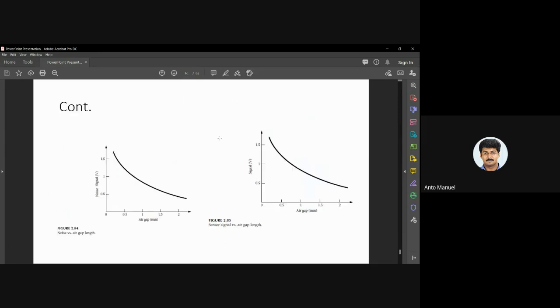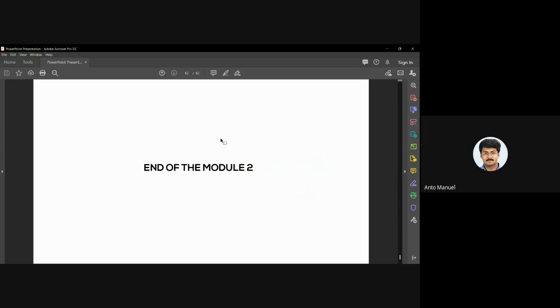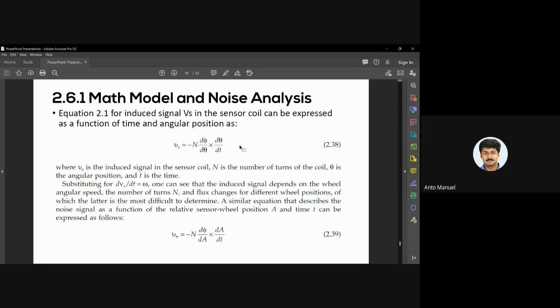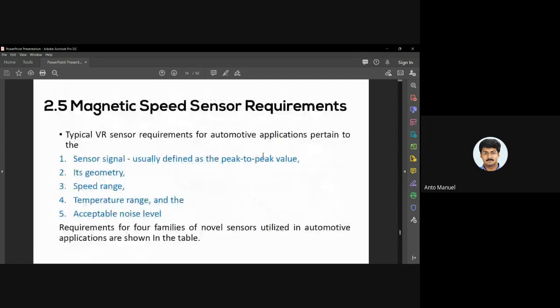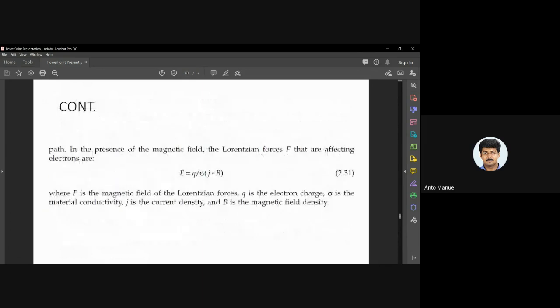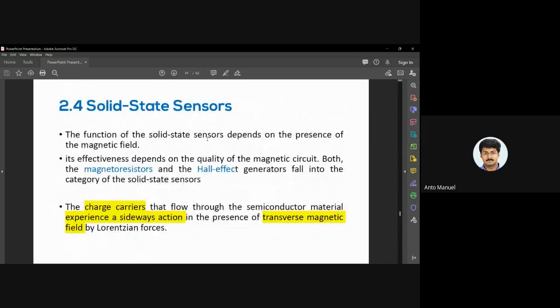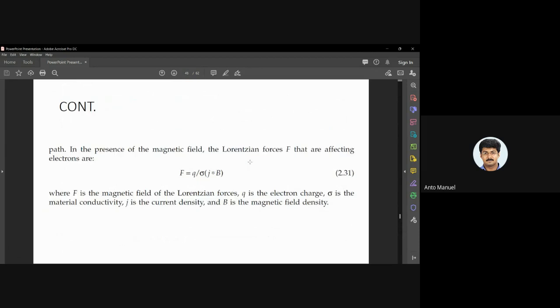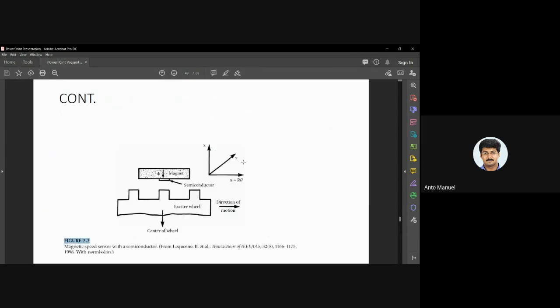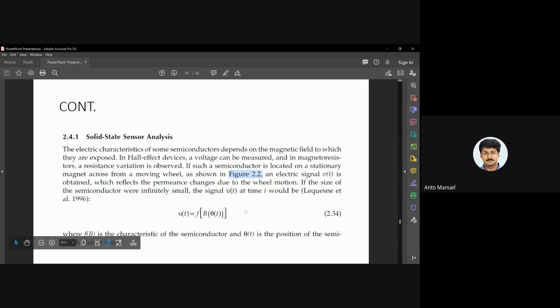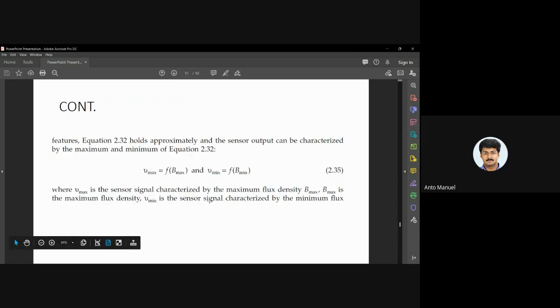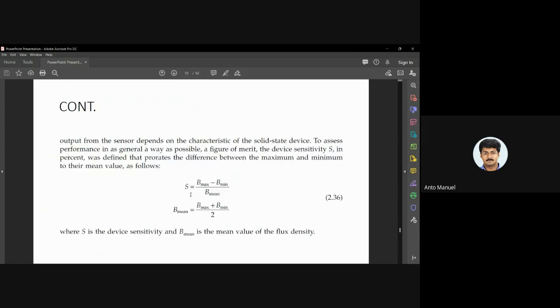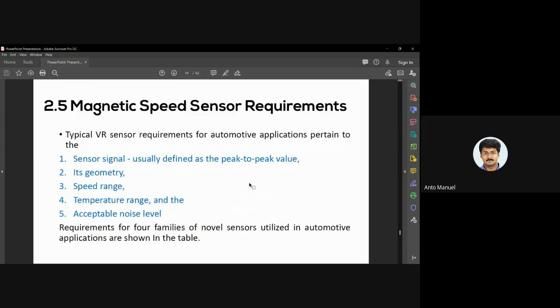That's all about this module. In this section, we have discussed the solid state sensor, how it works, some equations related to it, one diagram, the output signal representations and influences on output signals, and the five magnetic field sensor requirements.